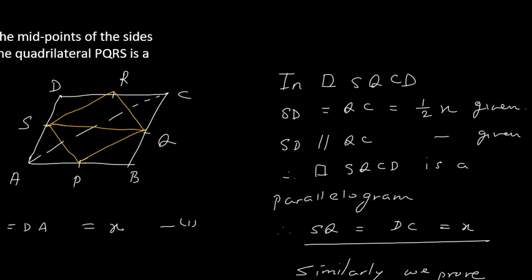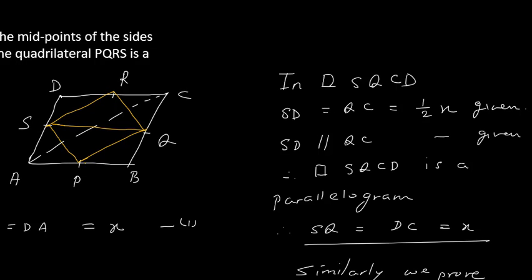In this class, we have seen the midpoint theorem and the converse of the midpoint theorem. Let us revise the midpoint theorem again. The midpoint theorem says that if we join the midpoints of two sides of a triangle, then the side which we get is parallel to the third side and it will be half of the third side.